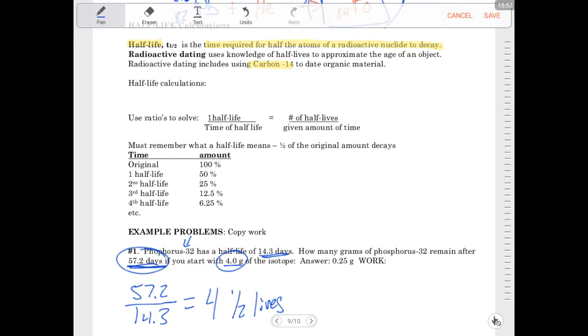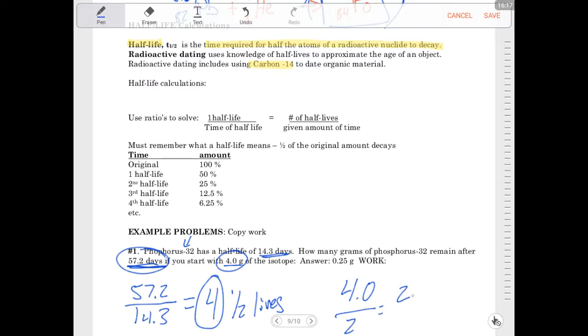Now I'm just going to start dividing that number by 2 until I do that 4 total times. You can do it like this: 4 over one half raised to that power, so 2 times 2 is 4, times 2 is 8, times 2 is 16. So 4 divided by 16 is what you're doing. Or, if that's too much for you, just start dividing by 2.